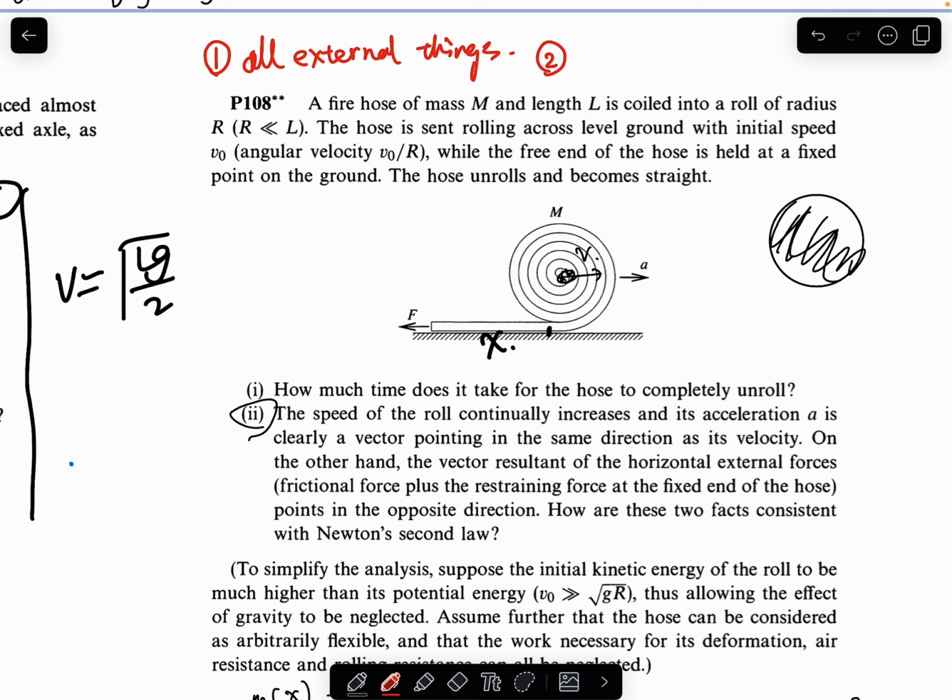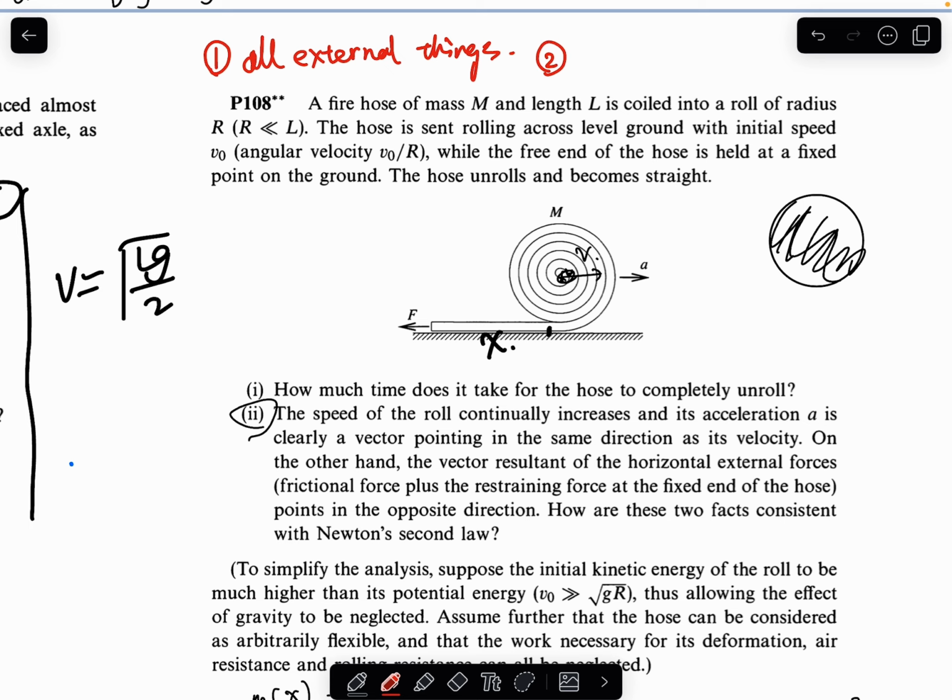And the second one, you should ask yourself: have I done it in the right reference frame? If you do this problem in the center of mass frame, you may find it very hard. And also in the center of mass reference frame, Newton's second law sometimes needs to be adjusted because it is not a constant velocity.